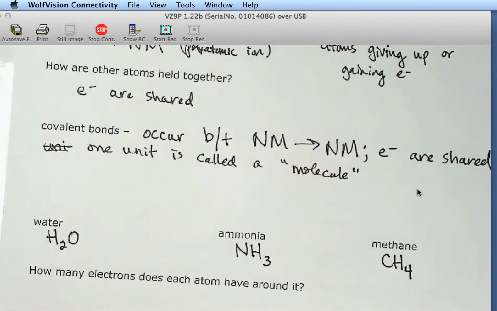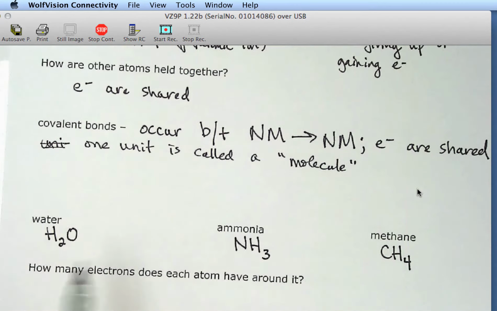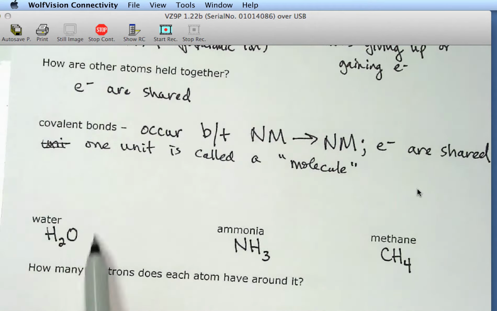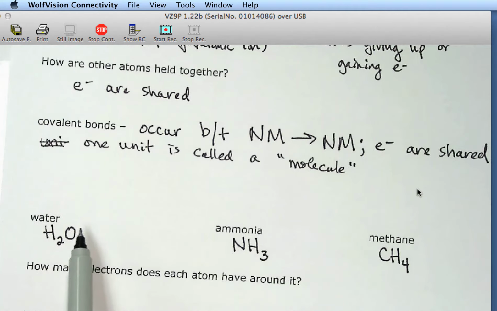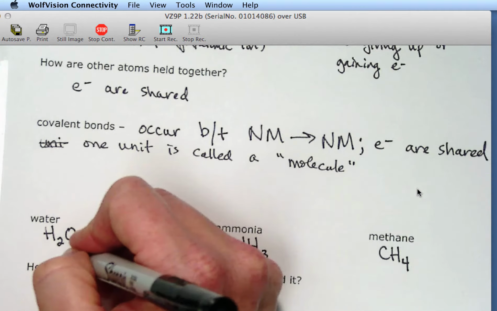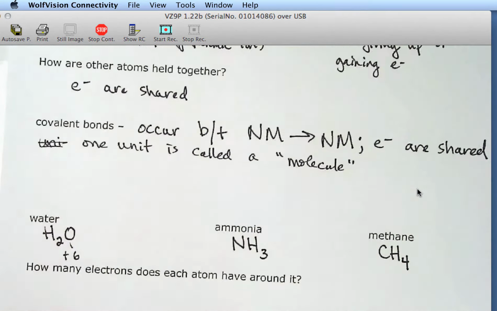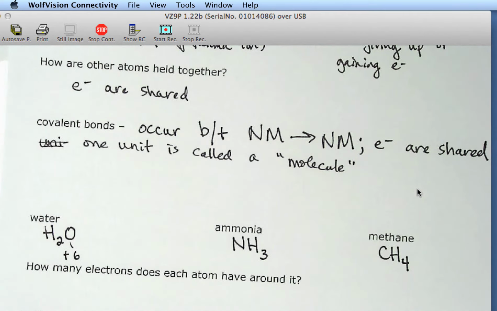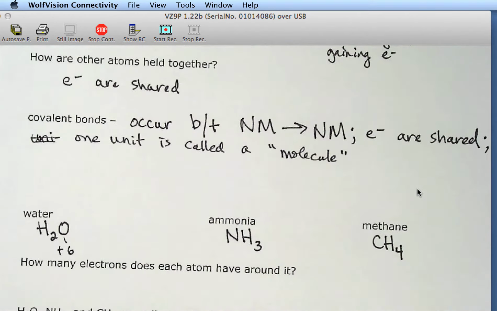So if you're drawing the electron dot structure for water, it's made up of oxygen and 2 hydrogen atoms. The best way to go about drawing these electron dot structures is to look at the valence electrons. How many valence electrons are in oxygen? 6. How many valence electrons are in 2 hydrogen atoms? 2.